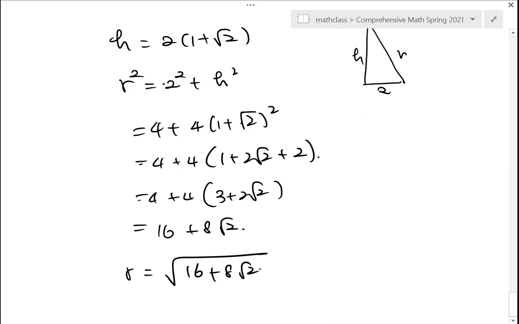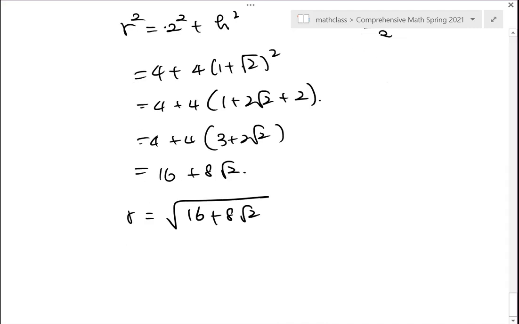Whoa, that's a very strange number, right? Unfortunately, I cannot make it a square of something. So this is the answer. We got all the information about this octagon, all the dimensions, you find out.